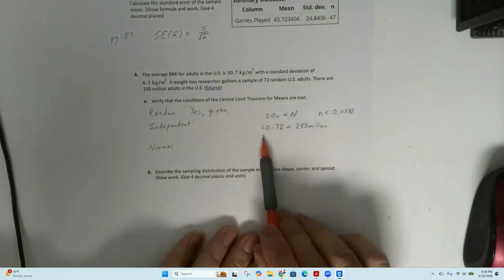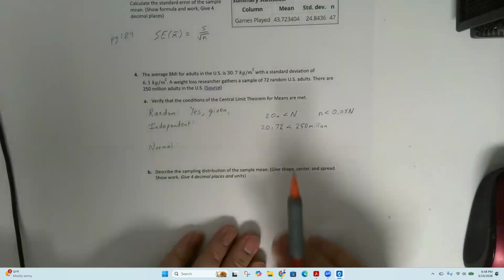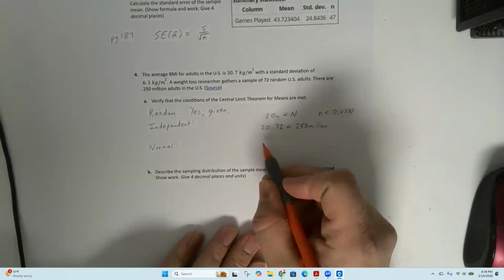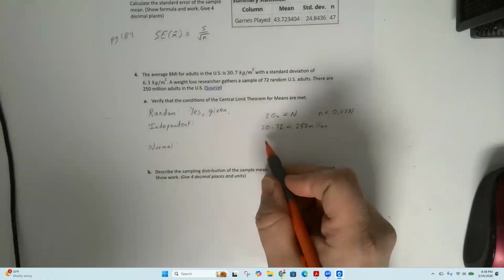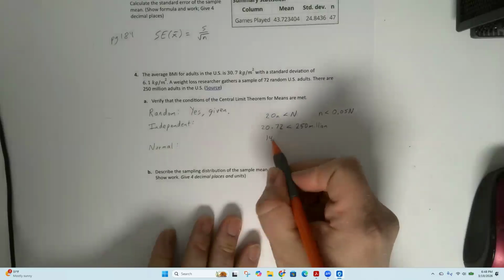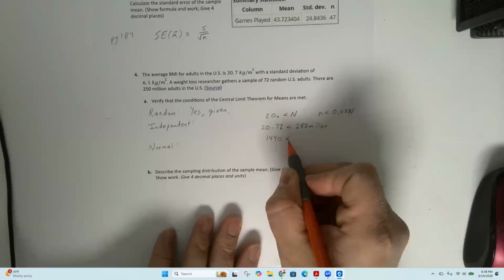Yeah, that's okay, Gabby. No big deal. 20 times 72 is 1440.